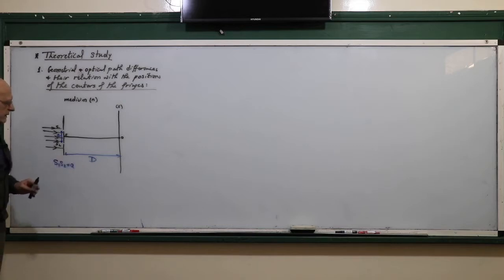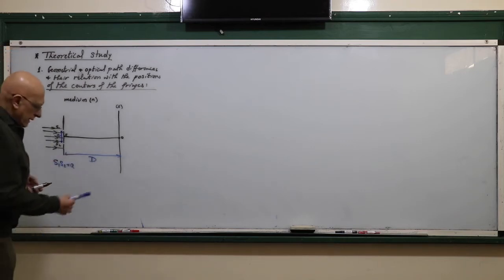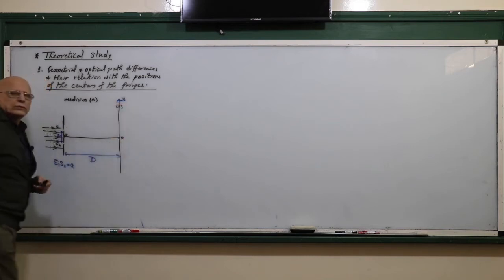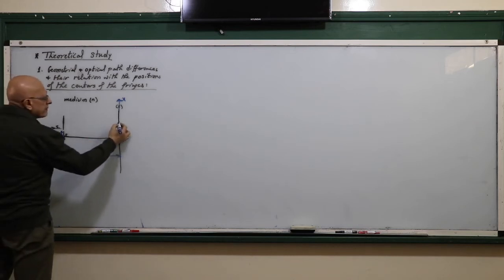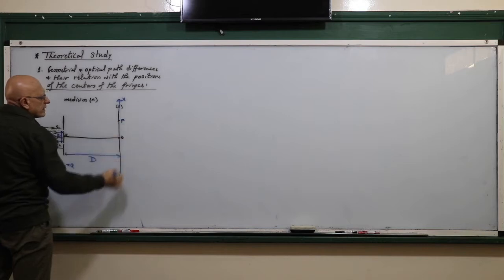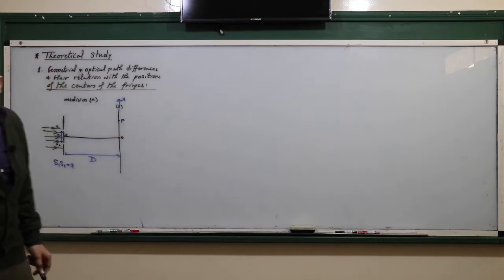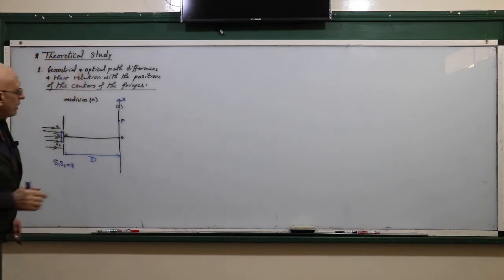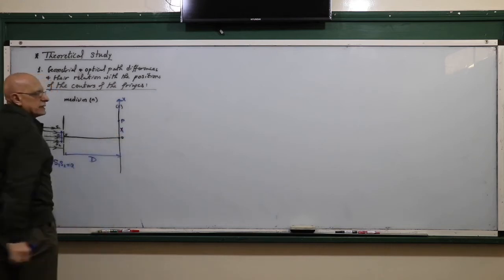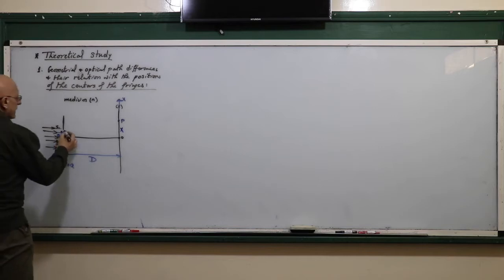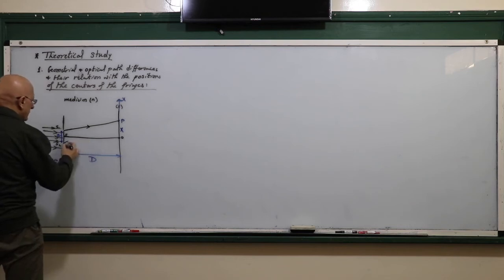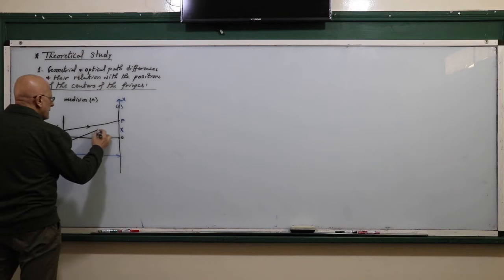is D. Now, to determine the position of the centers on the screen, I am going to choose an x-axis vertically upward of origin O. Then P, which is in the zone of interference, which represents the center of either a bright or dark fringe, will be determined by abscissa X, okay, abscissa X. You have here two rays coming, one from S1 and the second from S2.